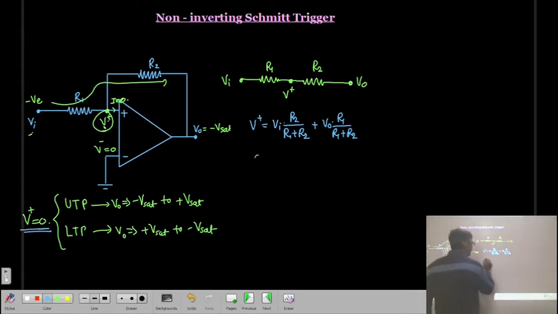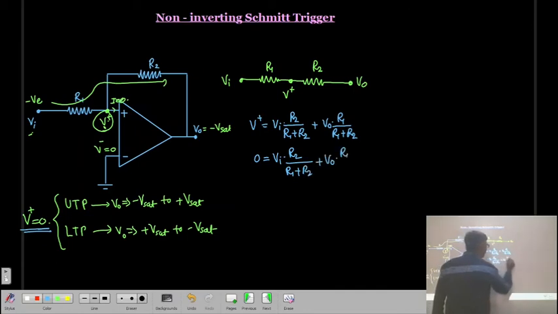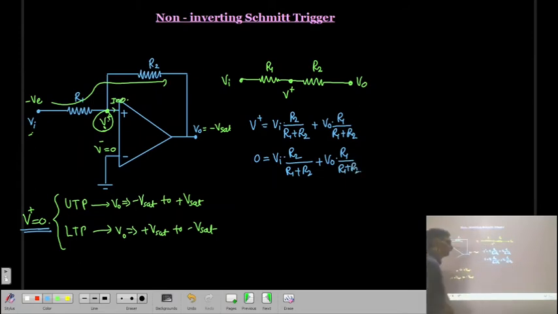So 0 equals Vi into R2 divided by R1 plus R2 plus VO into R1 divided by R1 plus R2.